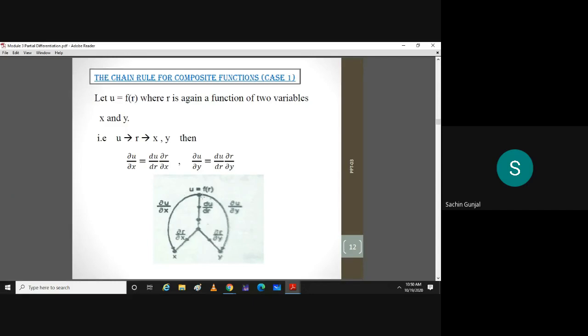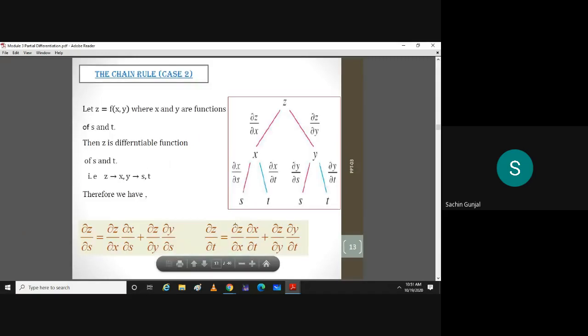This is how you can remember: u is a function of r, and r is a function of x and y. This is the first way by which you come to x, and this is the second way by which you come to y.